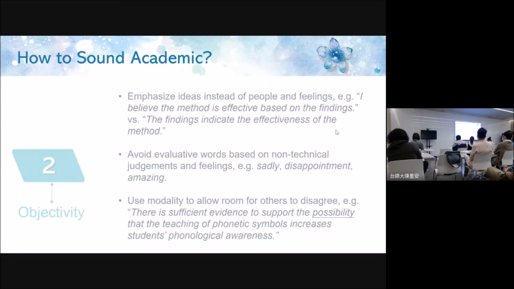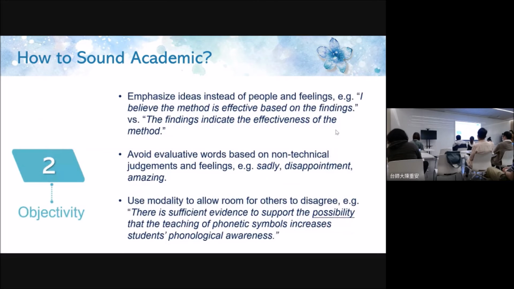How about objectivity? There are 3 things that you can do. The first one is to emphasize ideas instead of people or feelings. In academic writing, we don't really like to start the sentence with I or we or the author. Not very often, because we want to emphasize the ideas, the results, the facts.